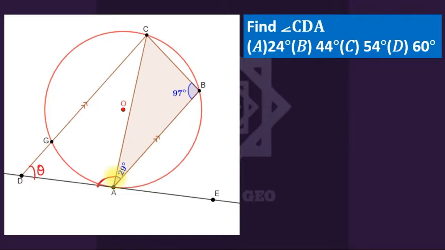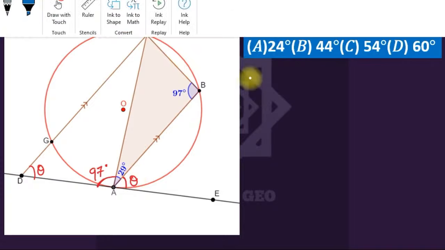So this is 97 degrees. And as you can see, this line AB is parallel to DC. Since they are parallel, DA acts as a transversal. So this should be theta by corresponding angle. So we are done.